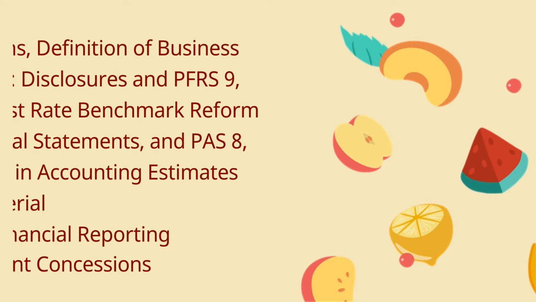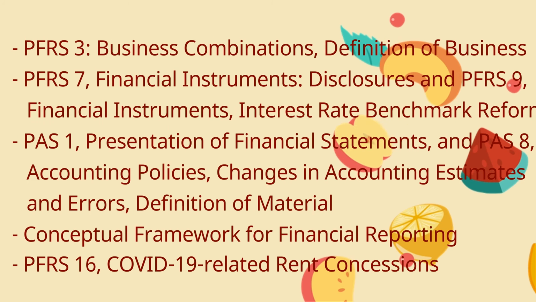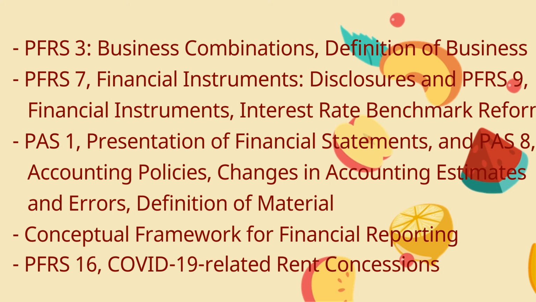These are PFRS 3 Business Combinations, Definition of a Business; PFRS 7 Financial Instruments: Disclosures, and PFRS 9 Financial Instruments, Interest Rate Benchmark Reform; PAS 1 Presentation of Financial Statements, and PAS 8 Accounting Policies, Changes in Accounting Estimates and Errors, Definition of Material; Conceptual Framework for Financial Reporting issued on March 29, 2018; and PFRS 16 COVID-19 Related Rent Concessions.